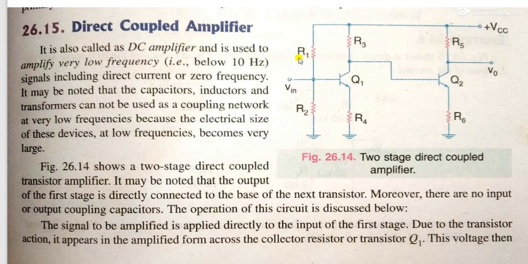Why a DC amplifier or direct coupled amplifier? The name suggests the circuit construction. Here the output of the first stage of the amplifier, that is the collector terminal, is directly attached to the base, that is the input of the next stage of amplification. There is no coupling element used here.